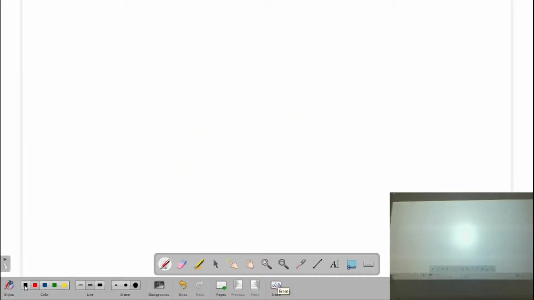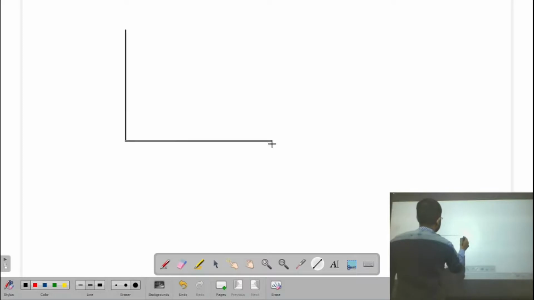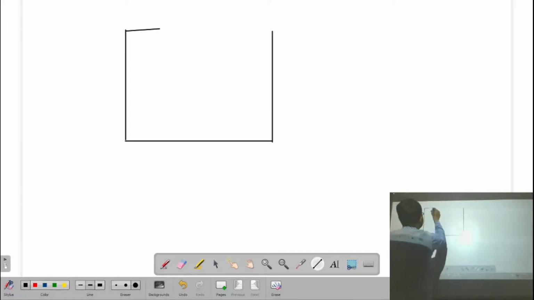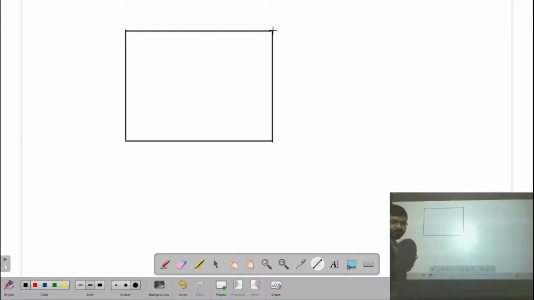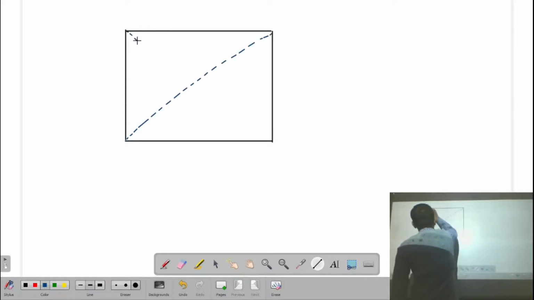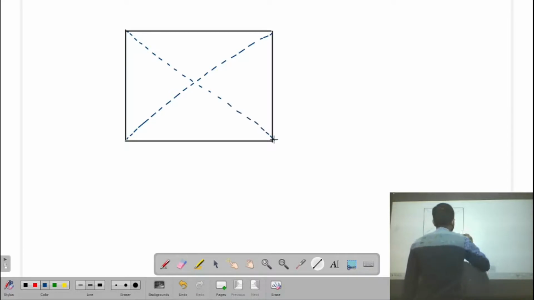Now let us assume that we have one piece of material and that it has been divided into four major parts, right?